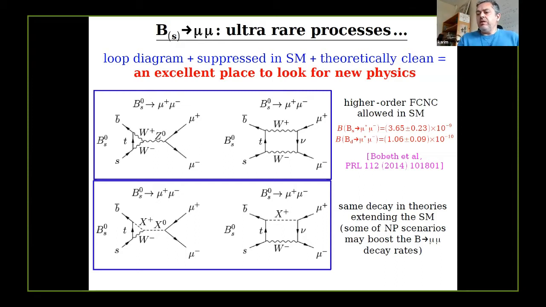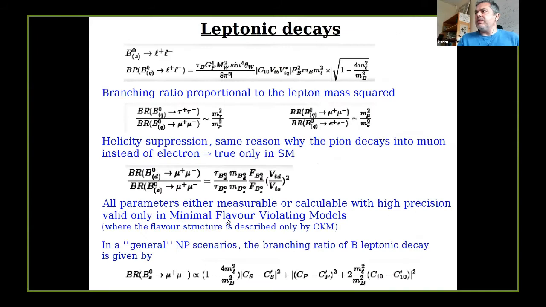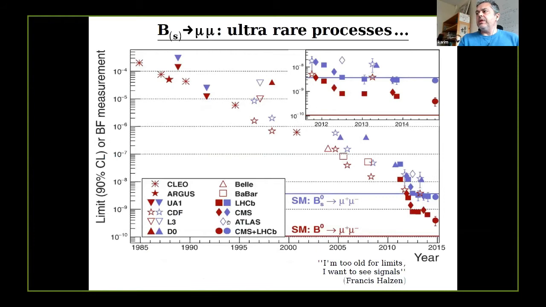But again, this is a good example because what is important here is that people have predicted precisely the branching ratio expected in the standard model, while you also have some new physics models introduced to show some enhancement or suppression of this branching ratio measurement.